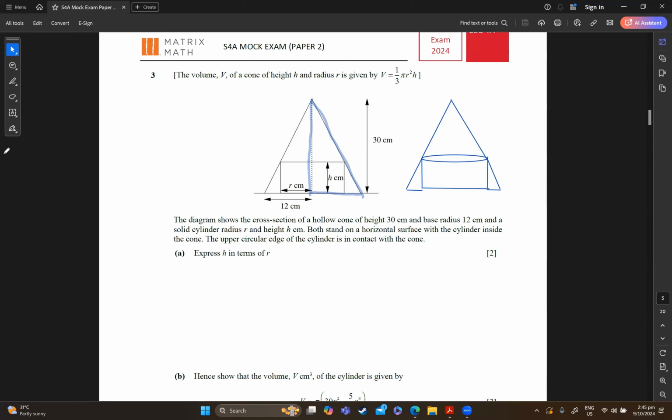And if you look at this triangle over here, okay, so I just draw this triangle out, okay? Then if you look at this one here, these two triangles are similar, okay? Because they have the same common angle and corresponding angles, okay?